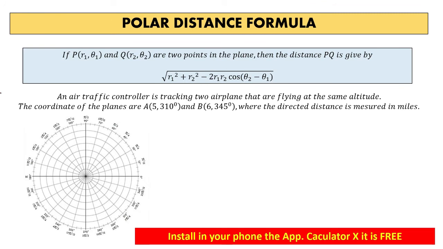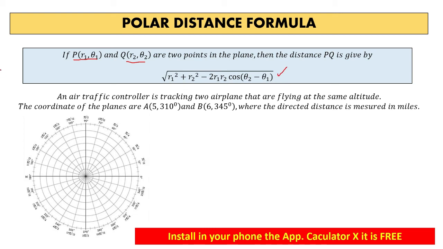Another problem is how to find the polar distance formula: how to find the distance between 2 points in the polar coordinate system. What are you going to do? This is the formula. I have the point P, (r1, theta 1), and Q, (r2, theta 2), 2 points on the plane, and the distance PQ is given by the formula.